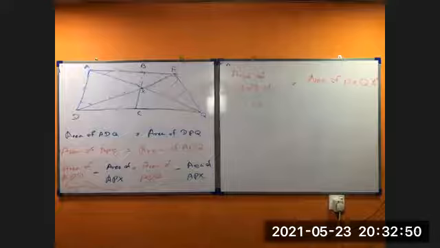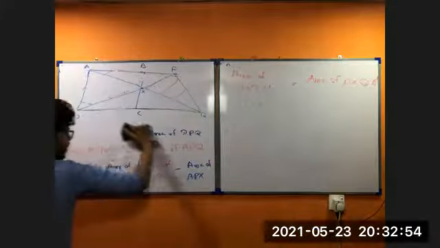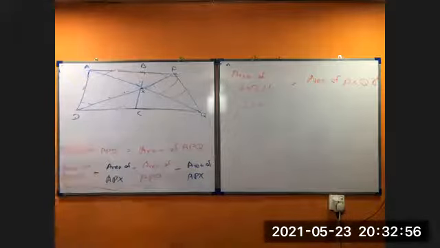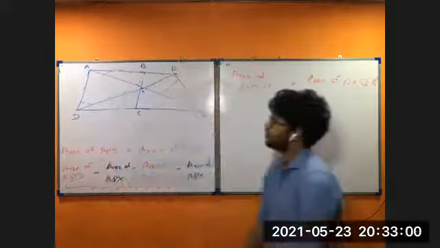Okay, so I think we don't need this one, I mean, this thing is not required. So we can remove that. We will use only this triangle, right?